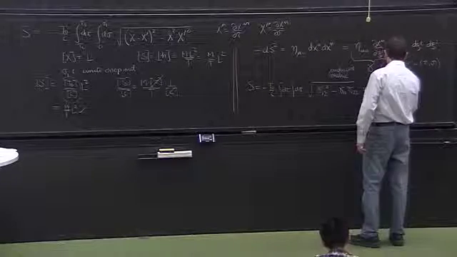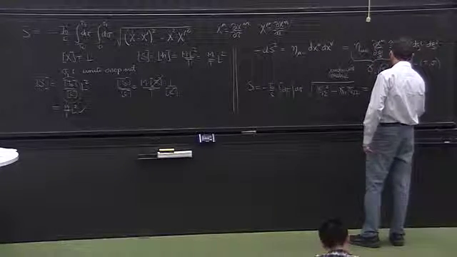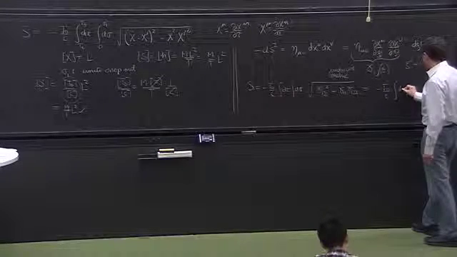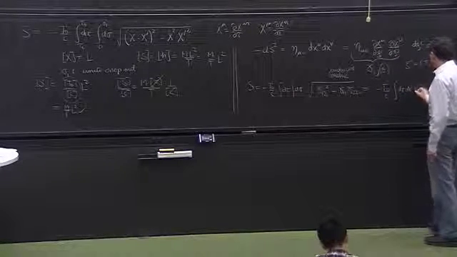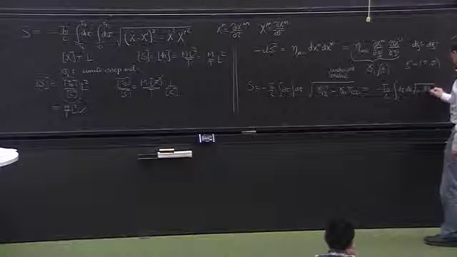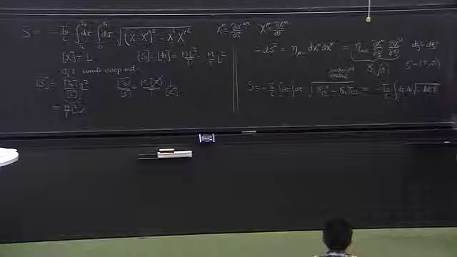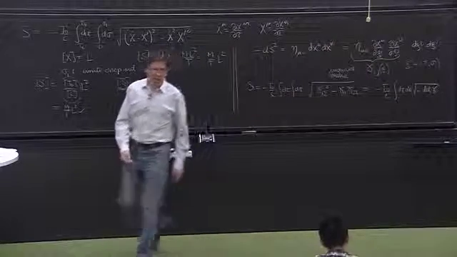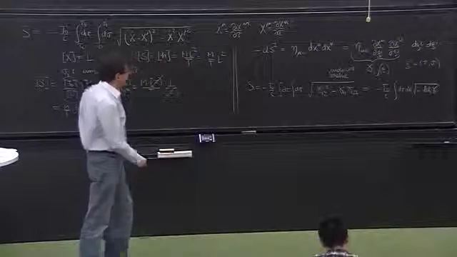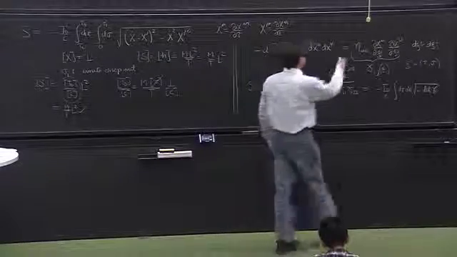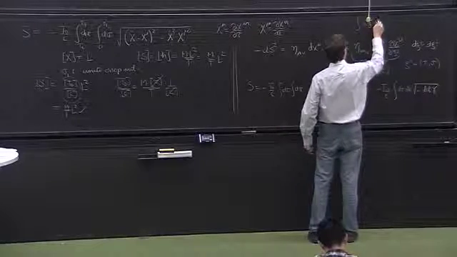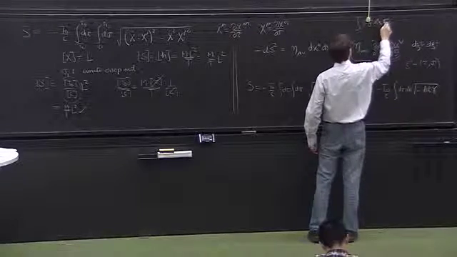So it's minus T naught over c integral d tau d sigma square root of minus the determinant of gamma. A little like in general relativity, where you write Einstein's action with square root of minus g d4x and something.